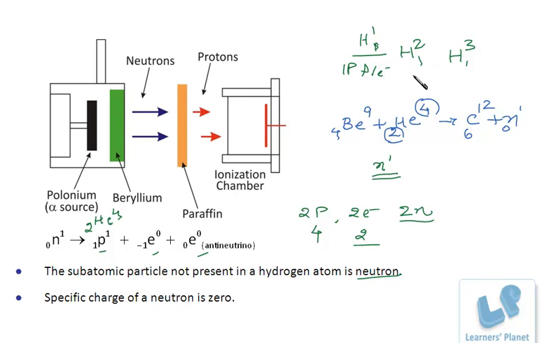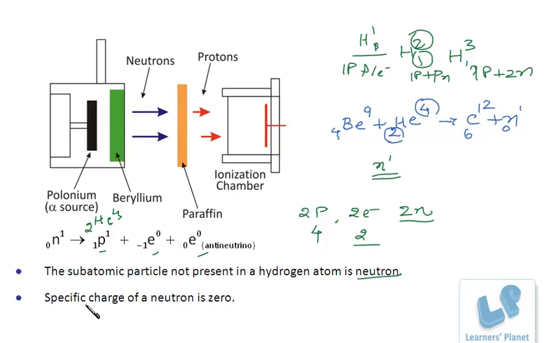In deuterium, there is 1 proton plus 1 neutron. In tritium, there is 1 proton plus 2 neutrons. See the above one, this represents the atomic mass and this represents the atomic number.